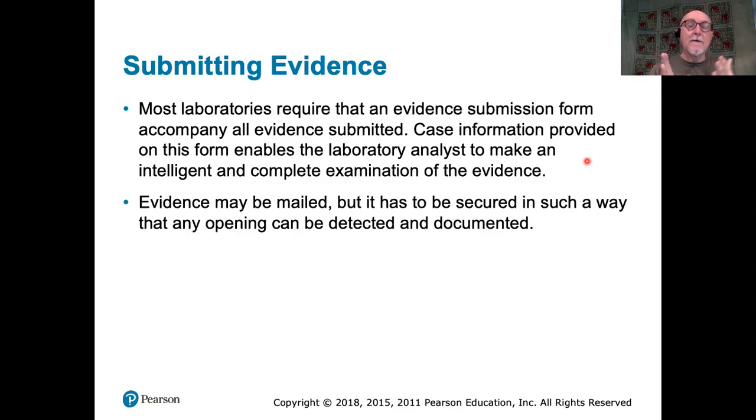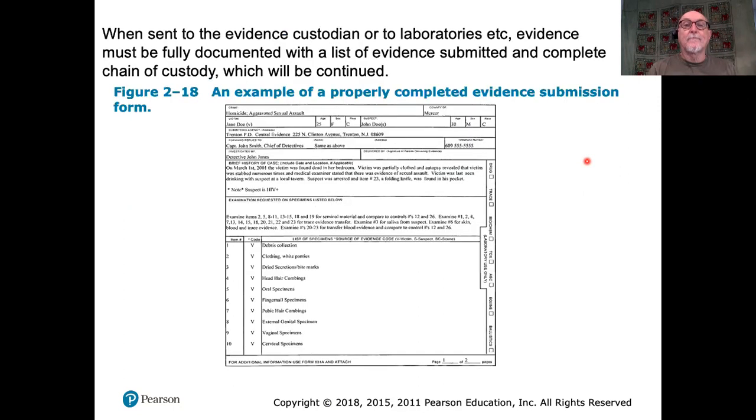It can be mailed, it doesn't necessarily have to be hand carried. But if it is mailed, it is mailed in such a way that the mailing container is sealed, so that if that mailing container has been opened at all, a record has been made of who opened it and why when it arrives at the laboratory.